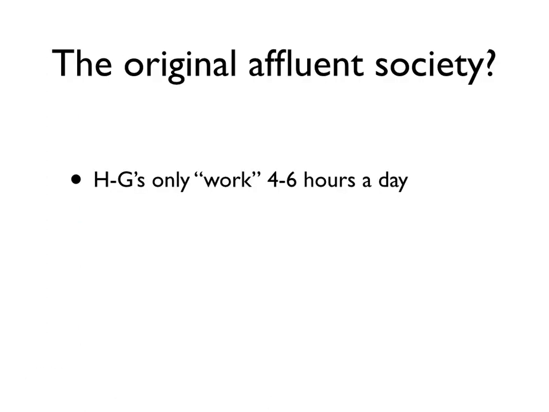So, a lot of these societies are nicknamed the original affluent societies because although they don't accumulate a great deal of material wealth, like jewels and gold and furniture and cars and these kinds of things, their workload is relatively low, especially compared to industrialist societies. They tend to only work, as we would consider work, about 4 to 6 hours a day, and this is mostly spent collecting food.